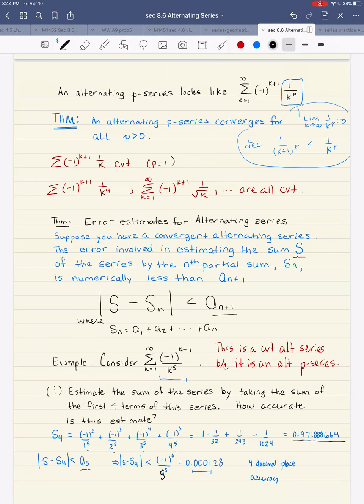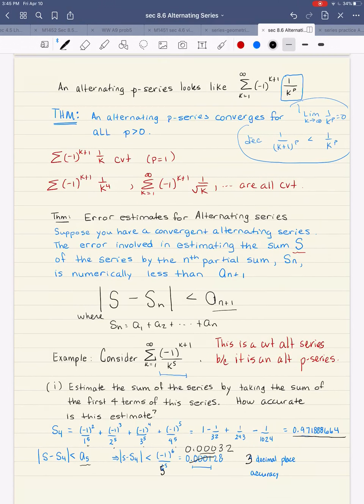There's 3 zeros and a 3 2. So I don't have 4 decimal place accuracy. I have accuracy to 3 decimal places. The next term I would only add is 0.00032.